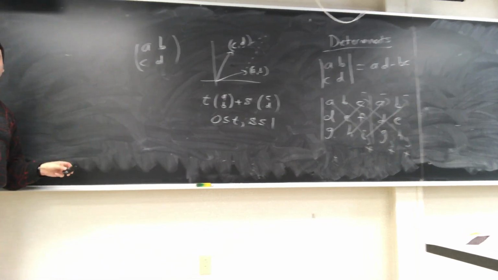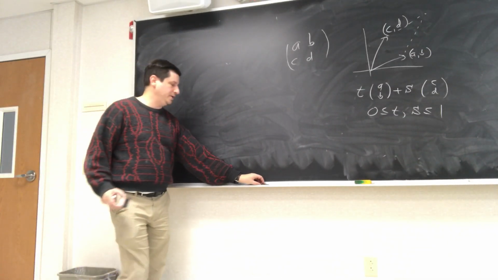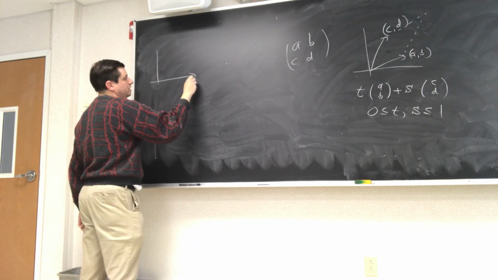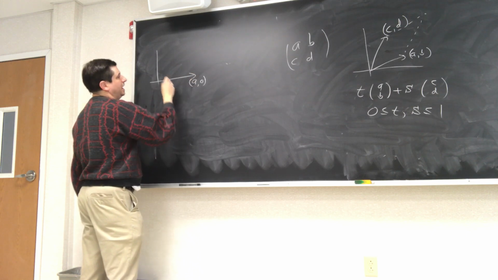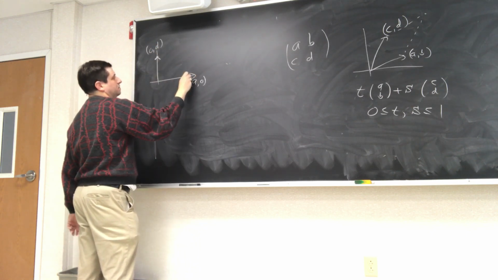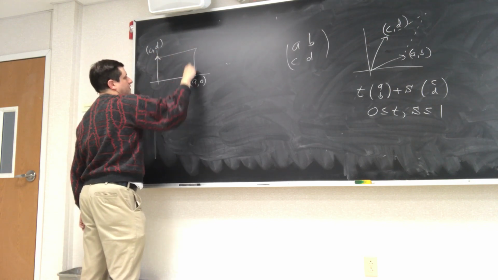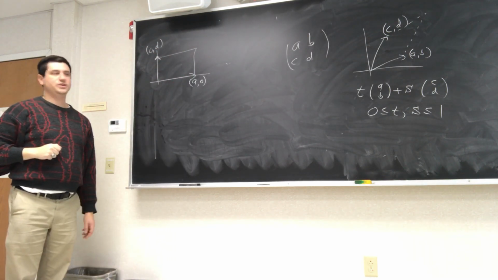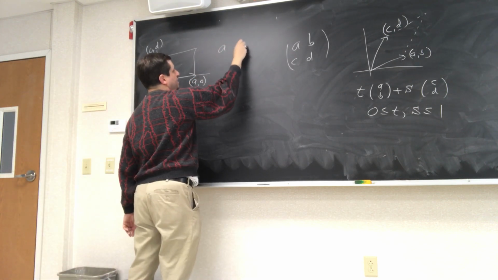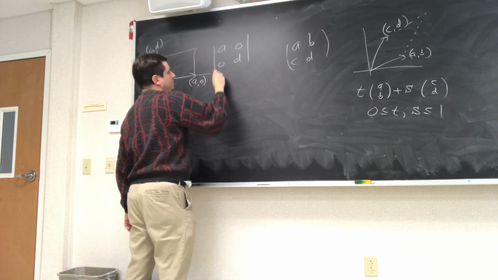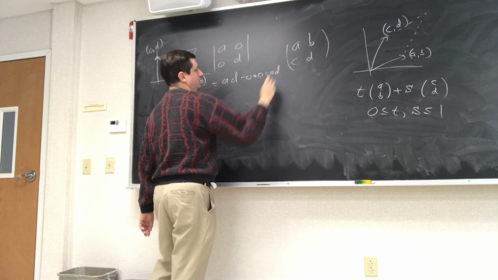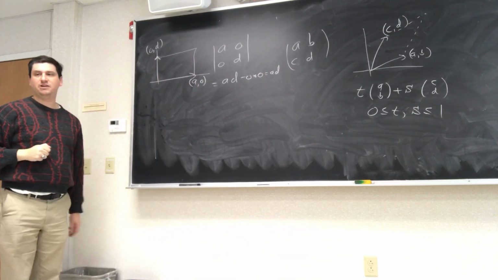So if I look at here's A, 0, and then here's 0, D, the area is just A times D. And if I have the matrix A, 0, 0, D, the determinant is going to be AD minus 0 times 0, which is AD. Okay, so the determinant is giving the area in this case.